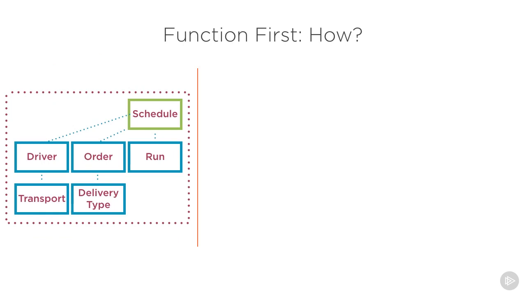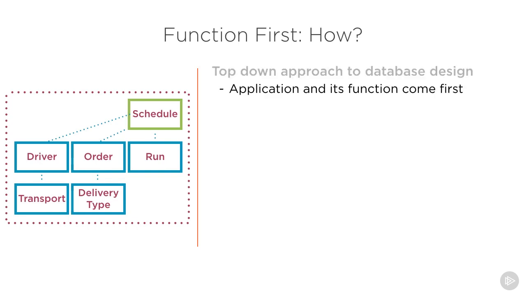To ensure that our service and the underlying database for that service represent a business function or a business domain, we need to take a top-down approach to our database. By this we mean we need to define the function of our service and application first before we even think about designing our database.